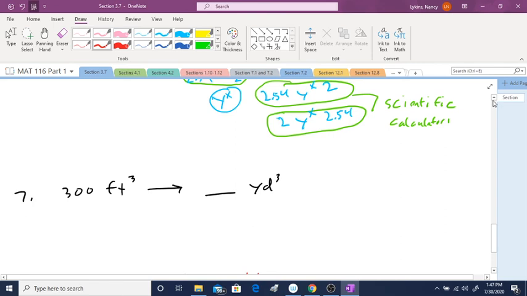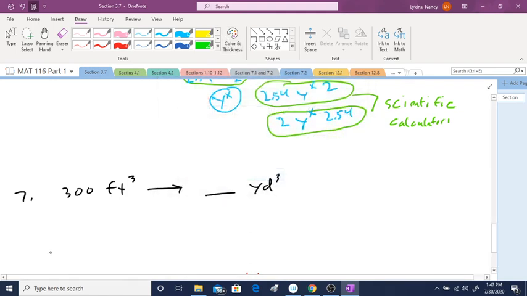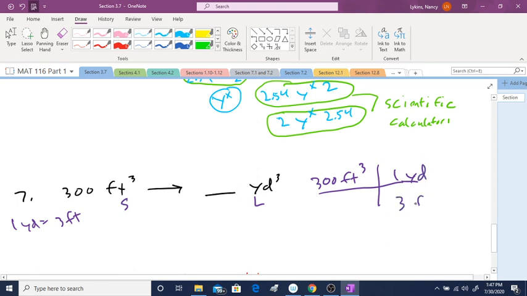So think about a swimming pool, for example. I know that 1 yard equals 3 feet. So that's my small unit, that's my large unit. So now I'm going to take that 300 feet cubed, 1 yard equals 3 feet.